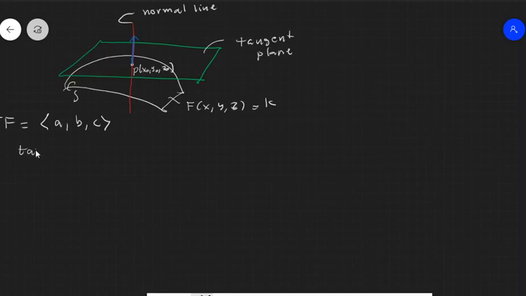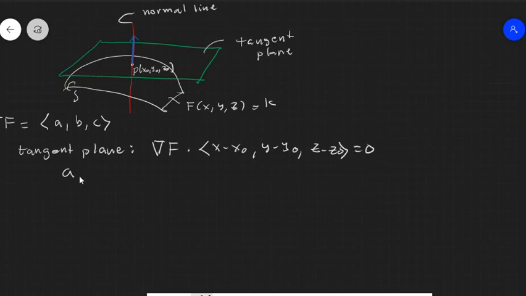Then the tangent plane can be represented by grad f dotted with (x - x0, y - y0, z - z0) equal to 0. So in standard form, the equation of the plane is a(x - x0) + b(y - y0) + c(z - z0) = 0.